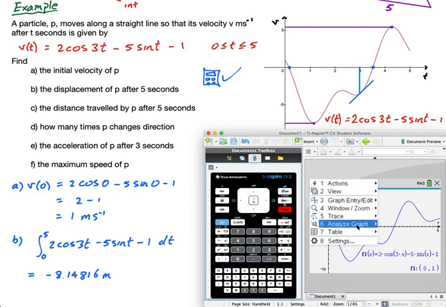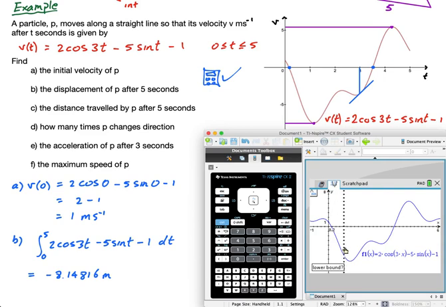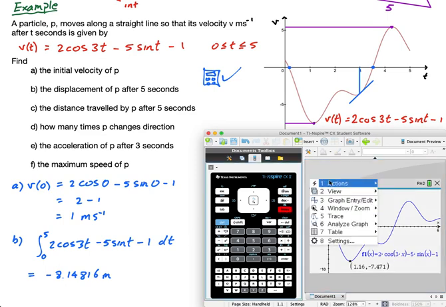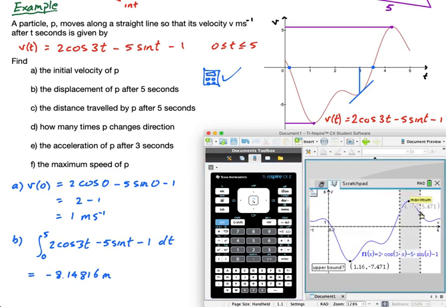And we do our menu, analyze graph. I'm going to get my minimum, lower bound, upper bound. So here it's negative 7.471, and this one, I'll do the maximum, is 5.471.